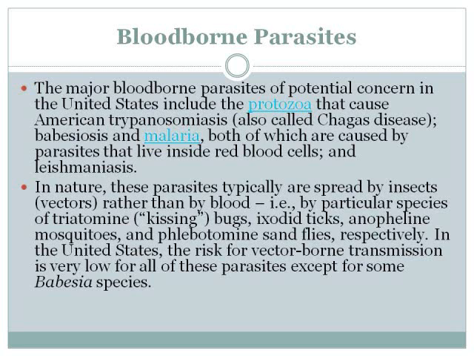But I think the most important thing you have to keep in mind, in US, the risk for vector-borne transmission is very low for all of the above parasites except for Babesia. So this is another species, Babesia, that's very common, and there are higher incidence of this disease. Okay.